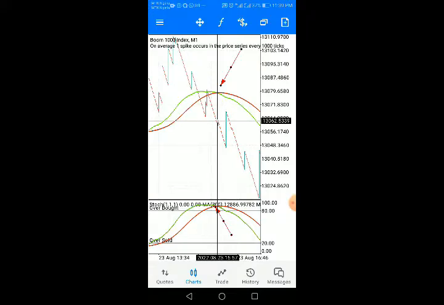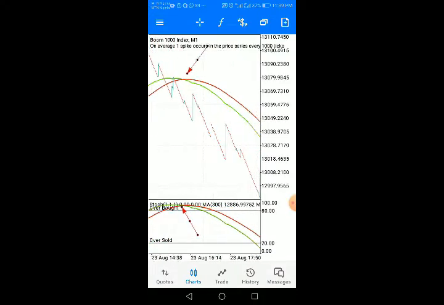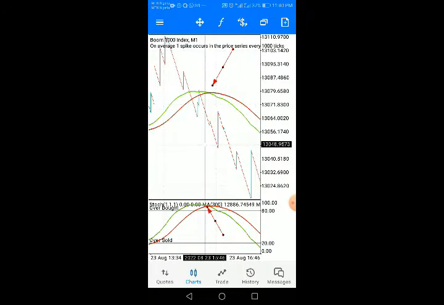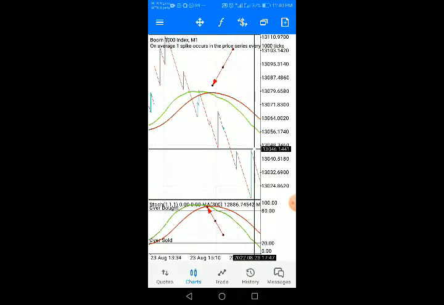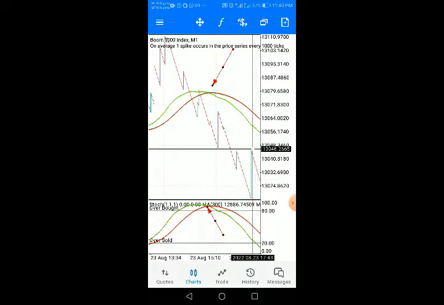So the next thing is to understand where to exit the market. Based on this strategy, your exit point for take profit is to look out for when the green MA touches the 20 level. That is for a sell trade.